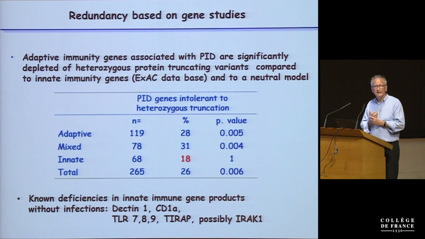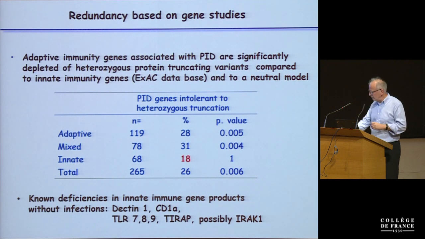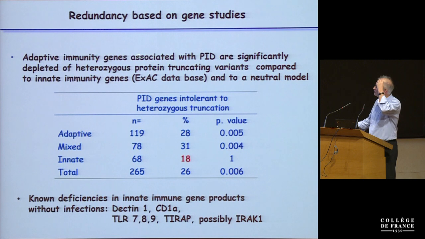If you look in databases now of healthy individuals, no longer talking about patients with primary immunodeficiencies, if you look in the ExAC database, one finds, and the data are here, that adaptive immunity genes that are associated with primary immunodeficiencies are significantly depleted in frequency in the normal population of heterozygous protein truncating variants as compared to a neutral model, and more importantly, to innate immunity genes.